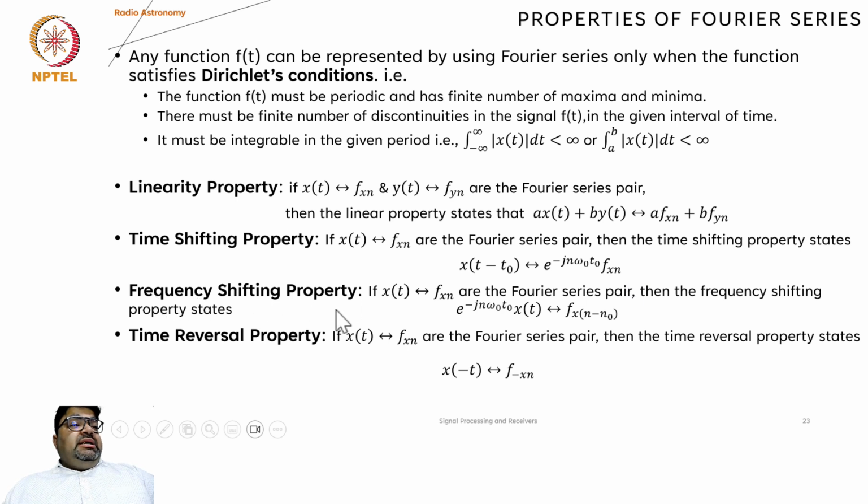Frequency shifting property: if x(t) and f(xn) are Fourier pairs, then frequency shifting essentially works in this manner. So e to the power jn omega naught t0 times x(t) is the Fourier pair of f(x n minus n naught). Time reversal property: x(minus t) and f(minus xn) are also Fourier pairs.